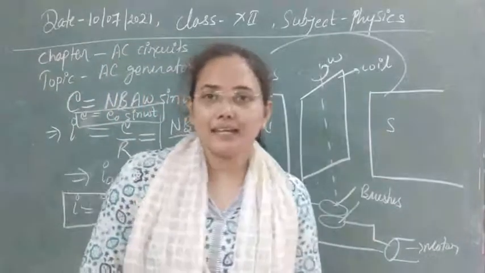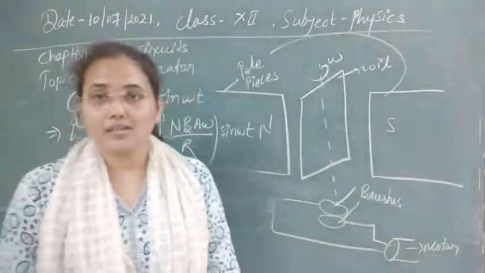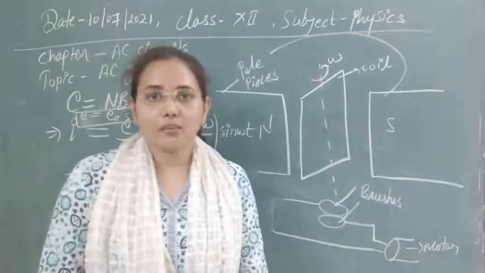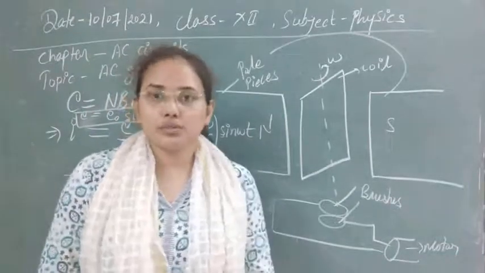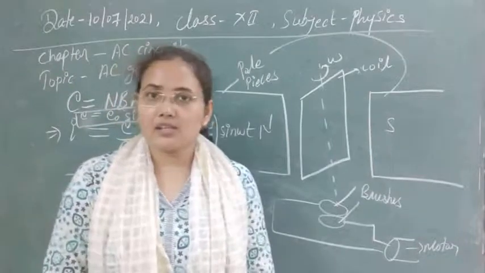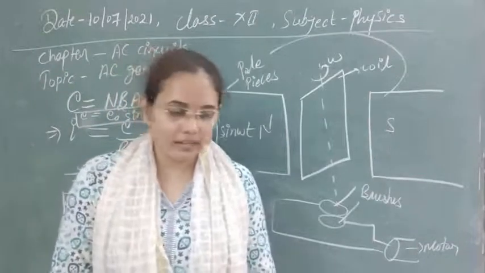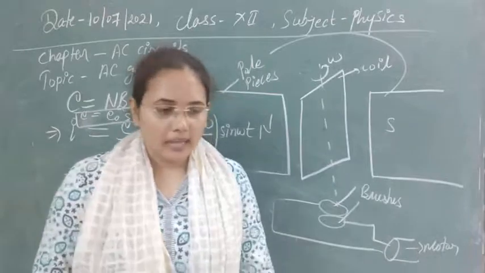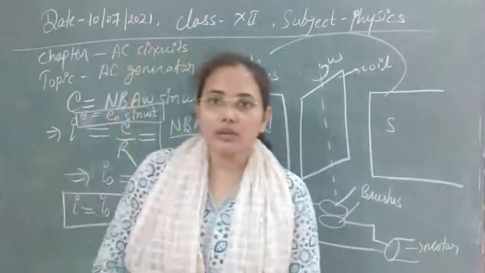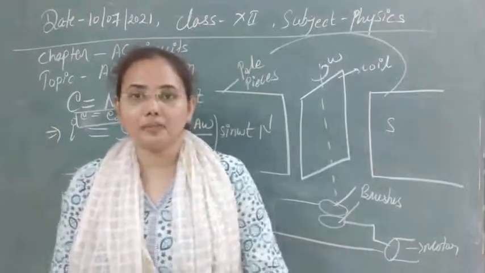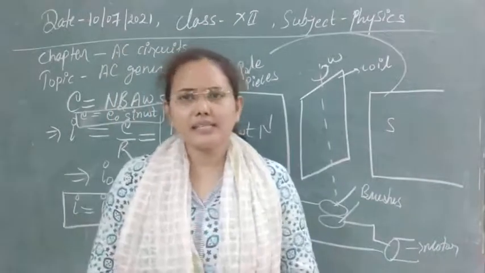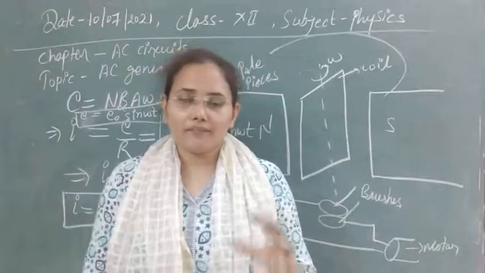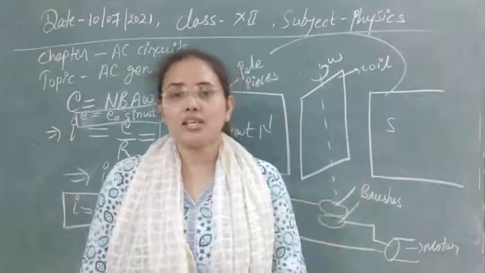Now as the current is produced, according to Lenz's law, this current should always oppose the reason for which it is produced. Here the reason for the production of induced EMF or current is the rotation of the coil. Actually here you have to understand, as I have always told you in the electromagnetic induction chapter, the reason does not mean that it will oppose the change in flux.